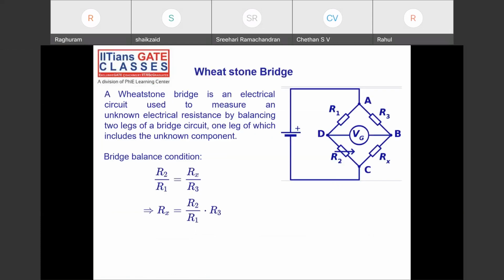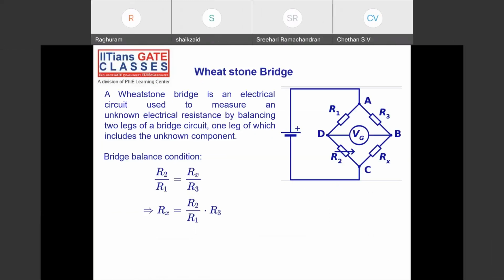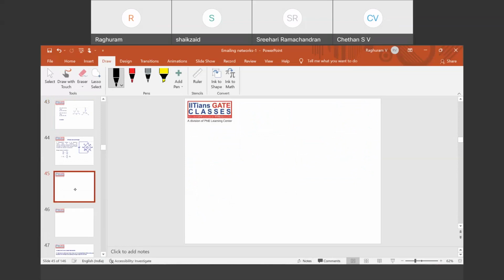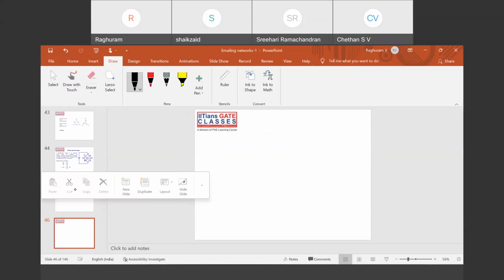So, we were seeing the basics of network theory. In that, we have seen Ohm's law.